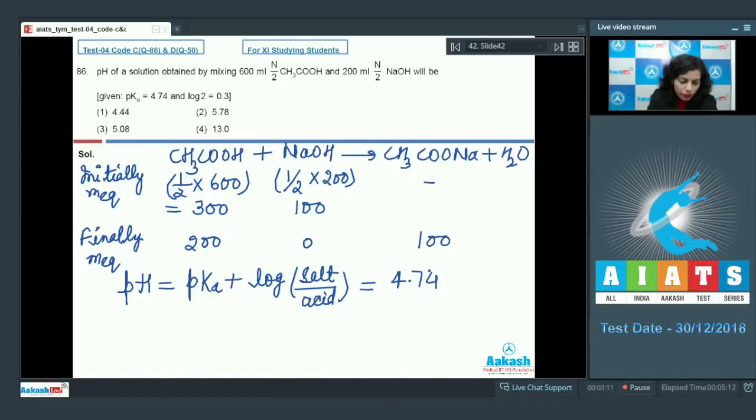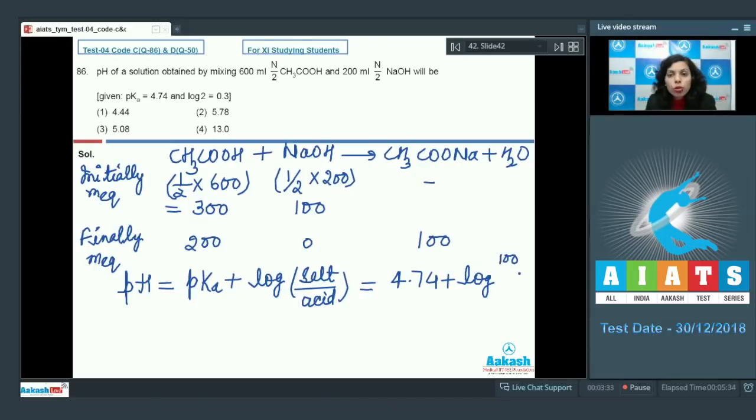Have a look at the question. The pKa value is 4.74 and the value of log 2 is also given. Let's find the final value. The concentration of salt can be found with the help of its milli equivalents, which are 100.